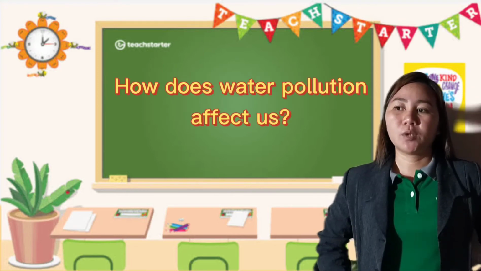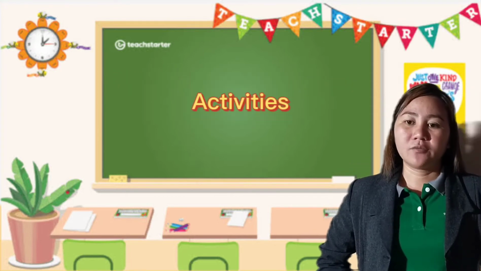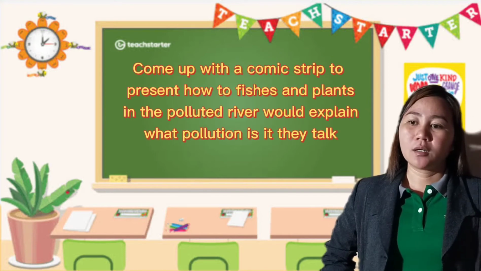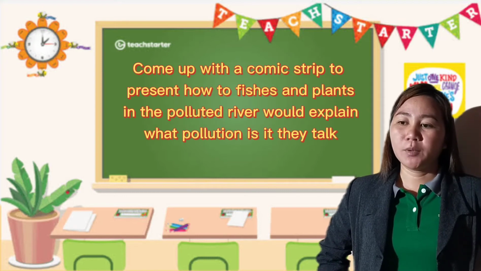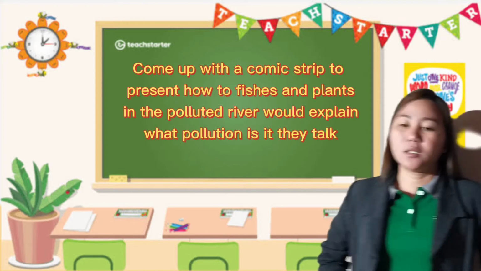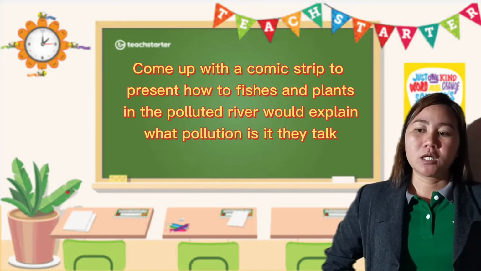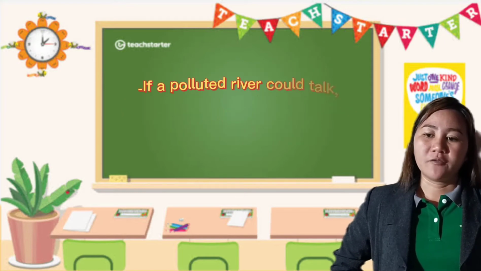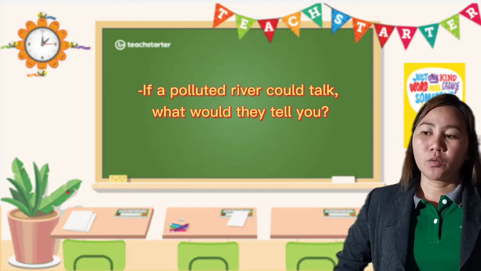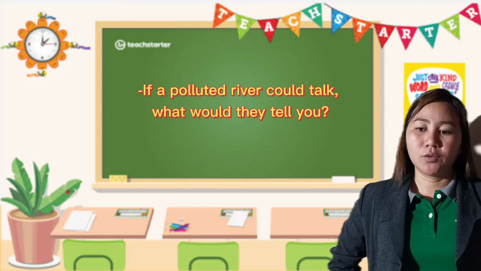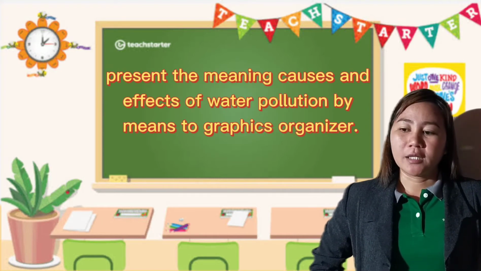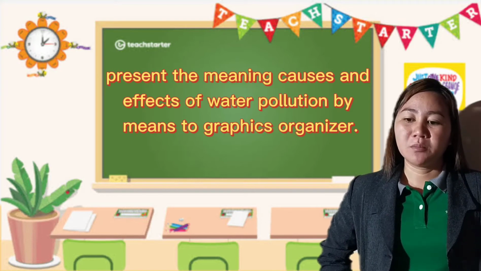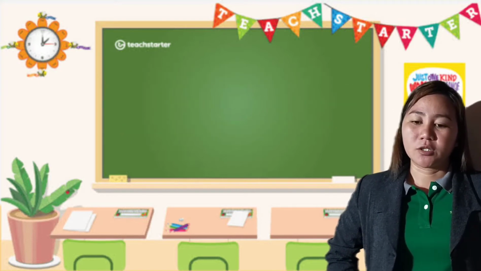How does water pollution affect us? Activities: come up with a comic strip to present how the fishes and plants in the polluted river would explain what water pollution is if they could talk. If a polluted river could talk, what would it tell you? The evaluation: present the meaning, causes, and effects of water pollution by means of a graphic organizer.